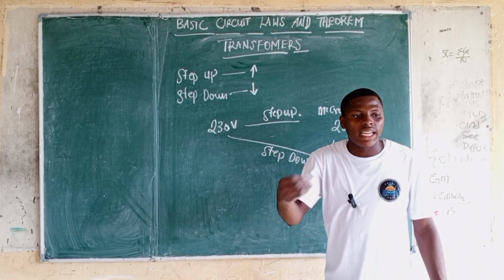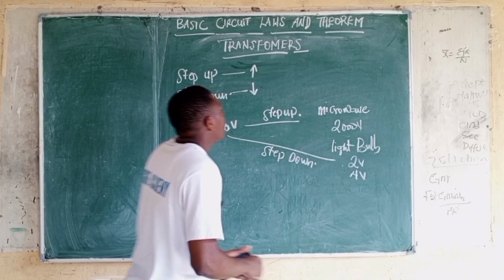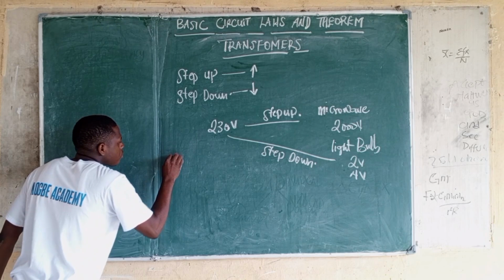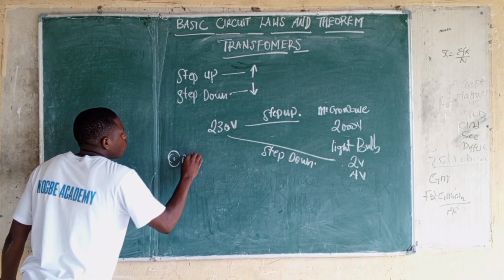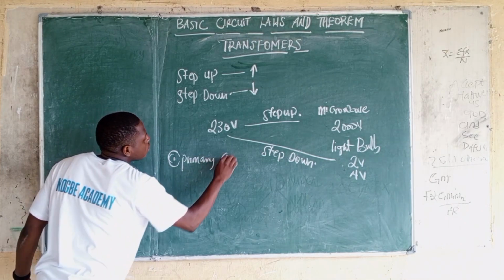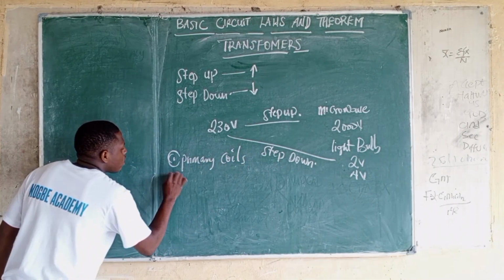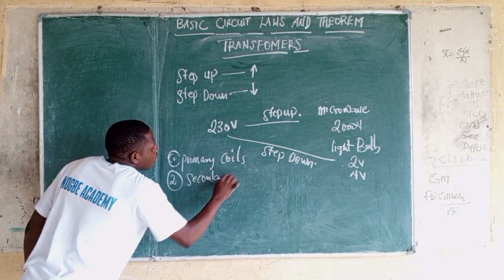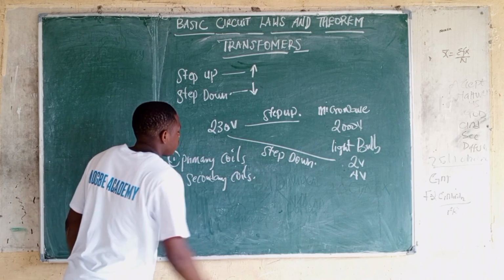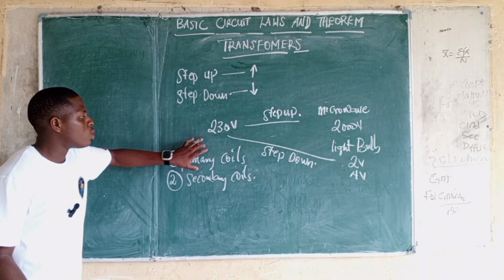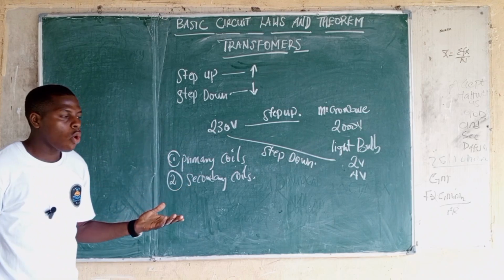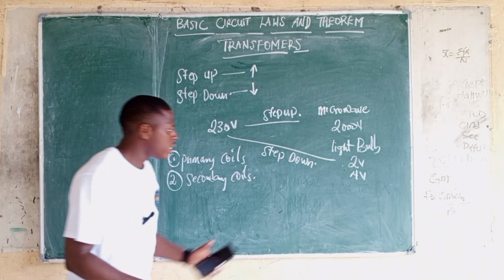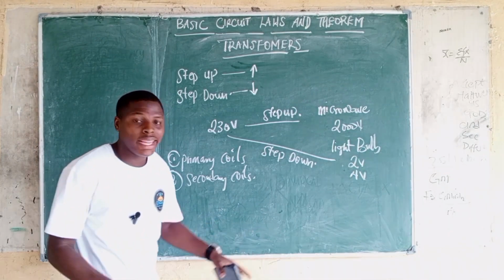The first one is what we call the primary coil, while the second one is what we call the secondary coil. So I told you your transformer consists basically of two coils, the primary coil and the secondary coil. Now these coils are also called windings.